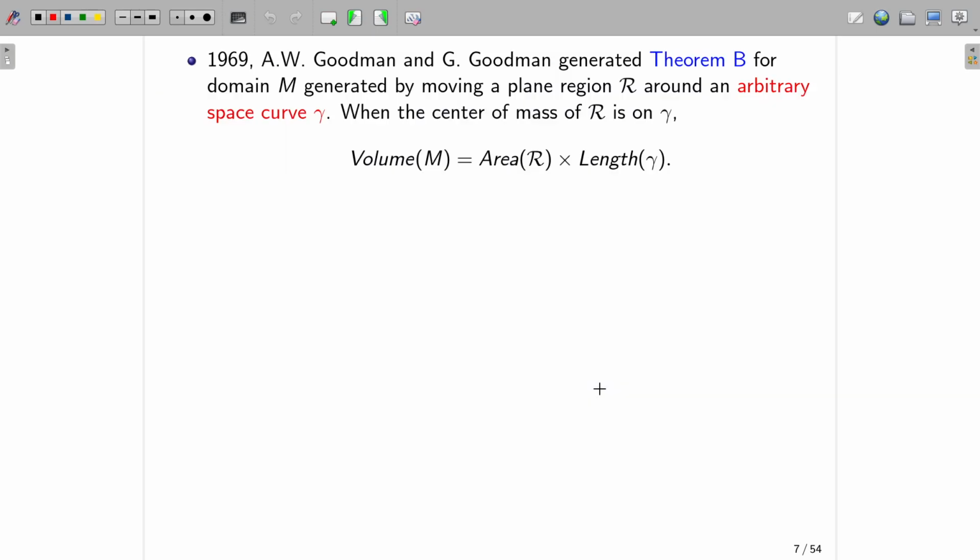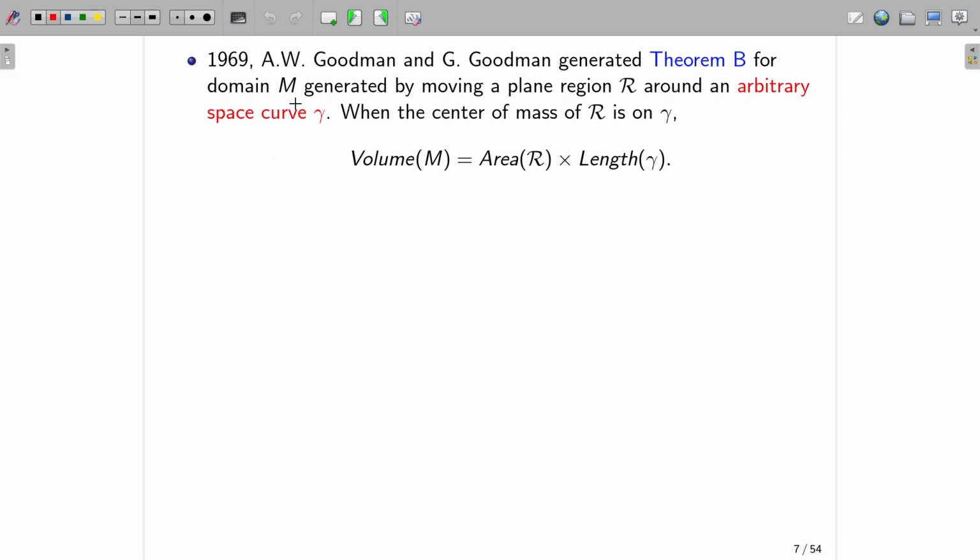There is some background review related to the topic. Two mathematicians, A.W. Goodman and G. Goodman, generalized theorem B, which is the volume part of the Pappus-Guldin theory.